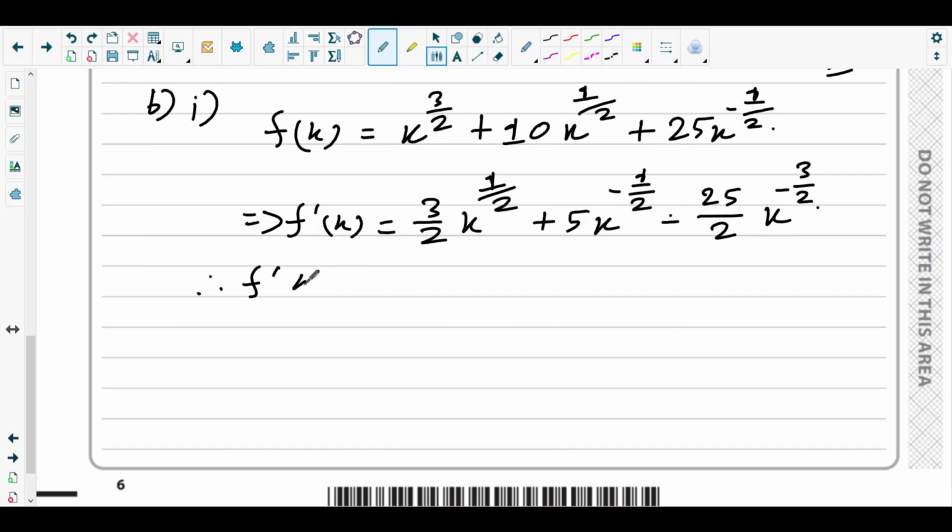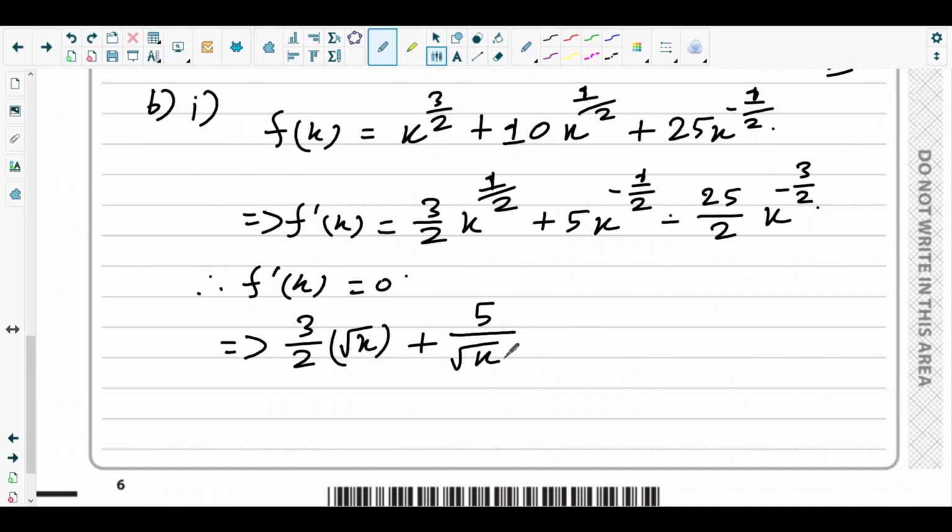Fine. Okay, now they said f dash x equals to 0. So equate that to 0. What you will get? 3/2 x to the power half can be written as square root of x, then plus 5 over square root of x, and then minus 25/2 square root of x whole cube.